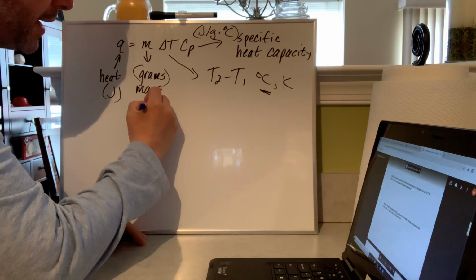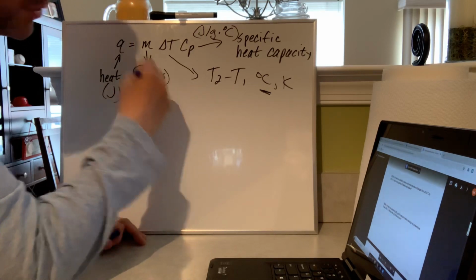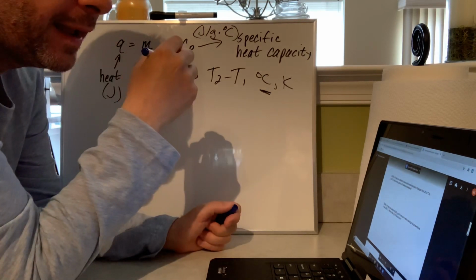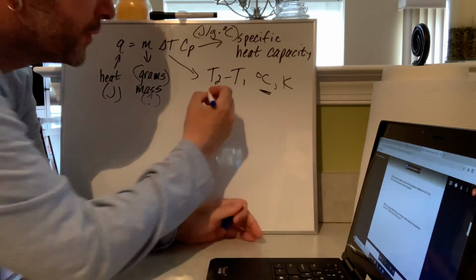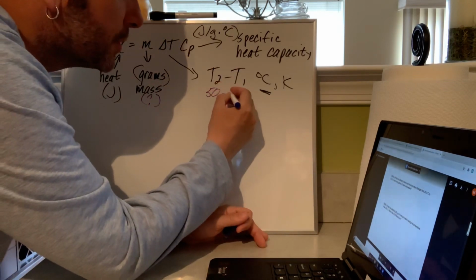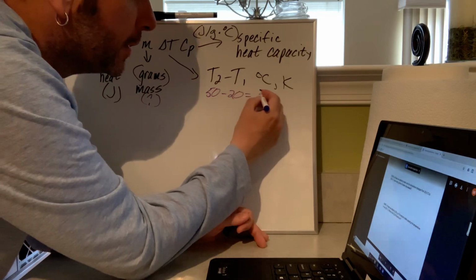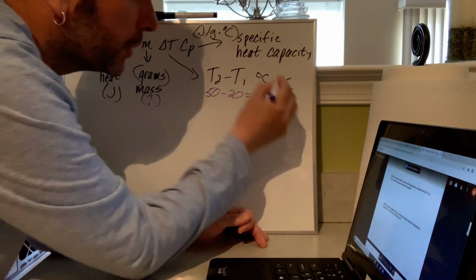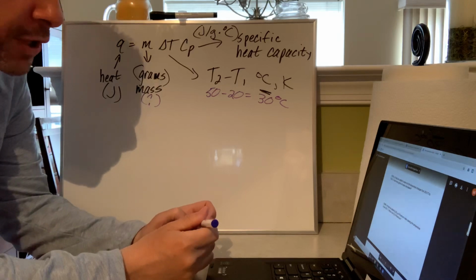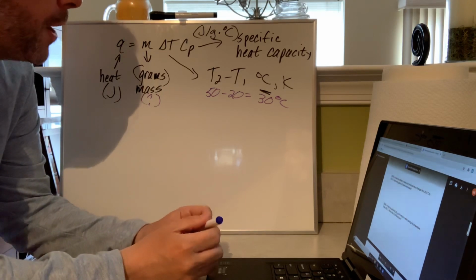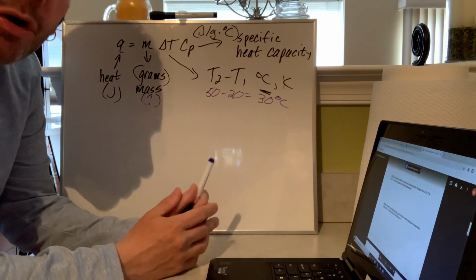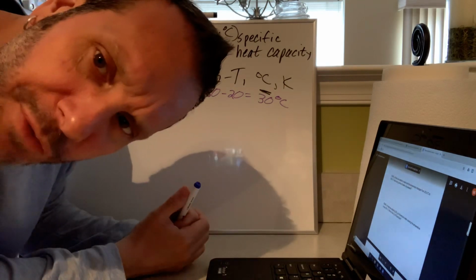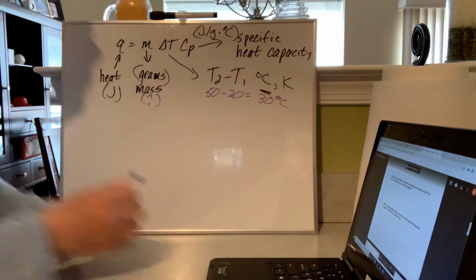The grams is what we're looking for, so we're looking for the M value. The temperature changes from 20 to 50, so 50, which is T2, minus 20, which is T1, means there's a change of 30 degrees Celsius. That's our delta T. Oh, I didn't give you the CP value, but that's because it's water and it should be all over your packet.